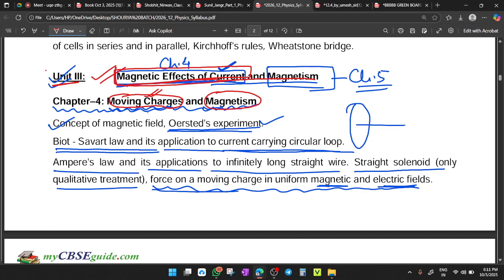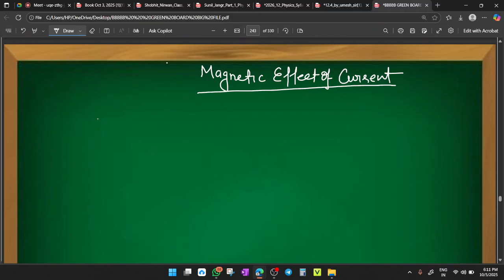Now, coming to the topics of the chapter. First is the concept of magnetic field and Oersted experiment. We start with the concept of magnetic field.